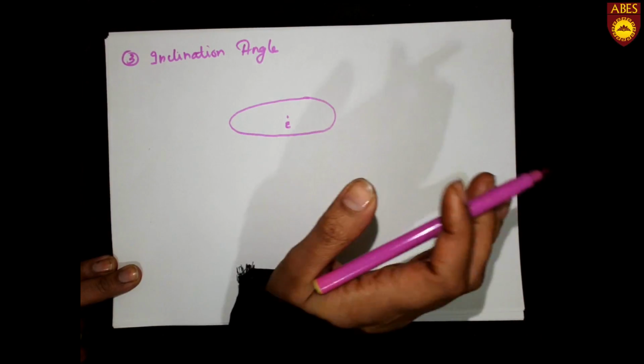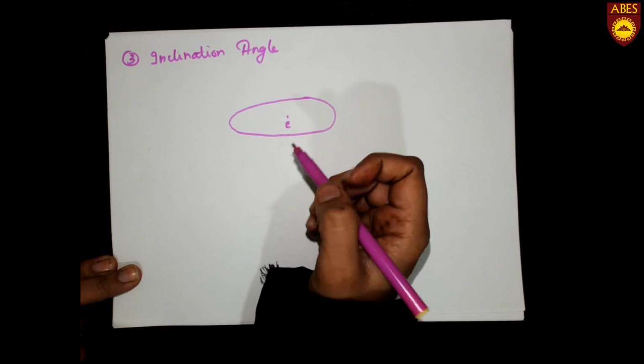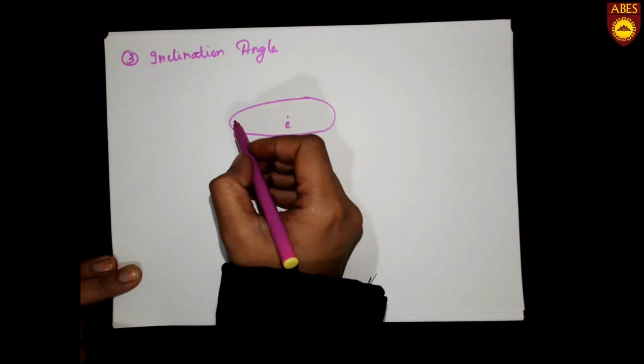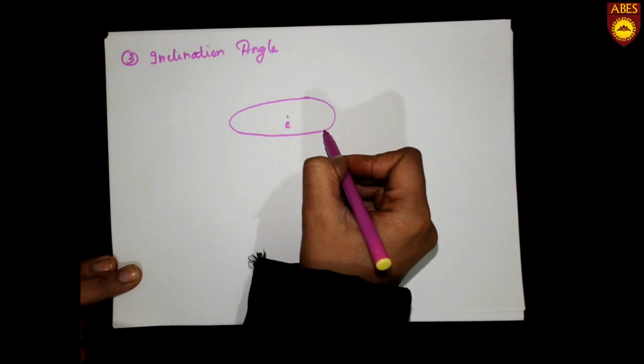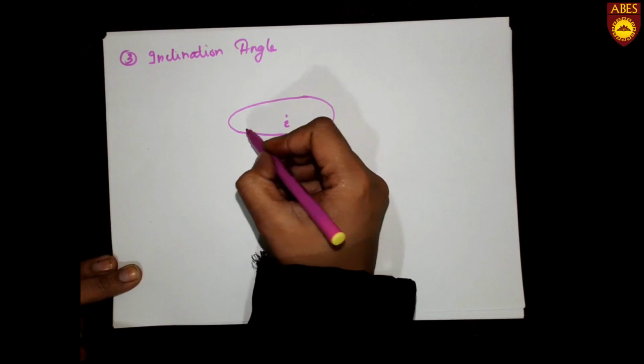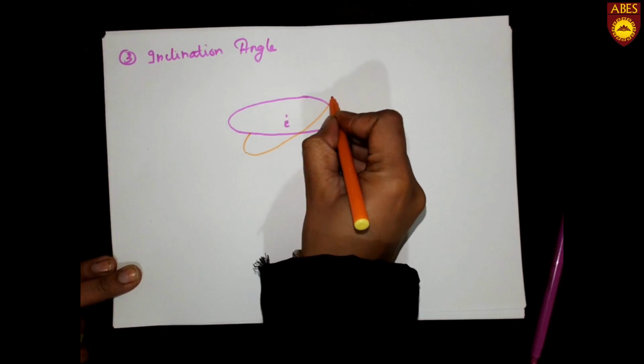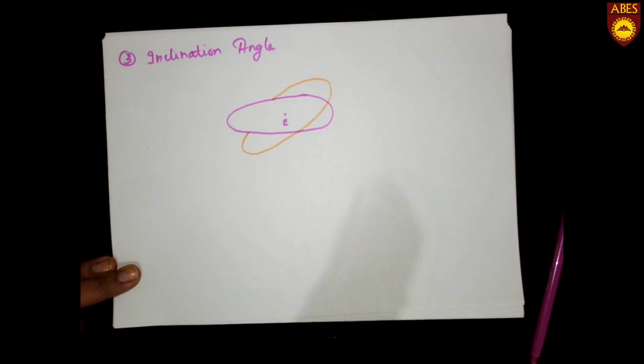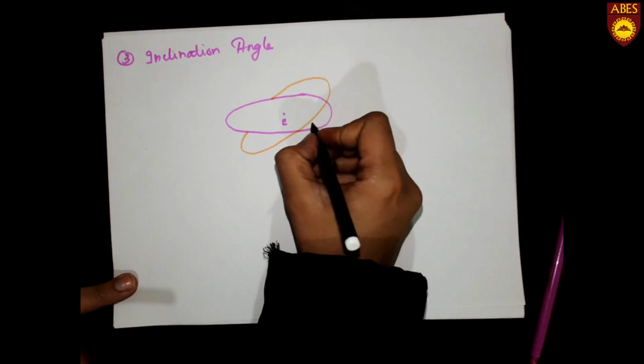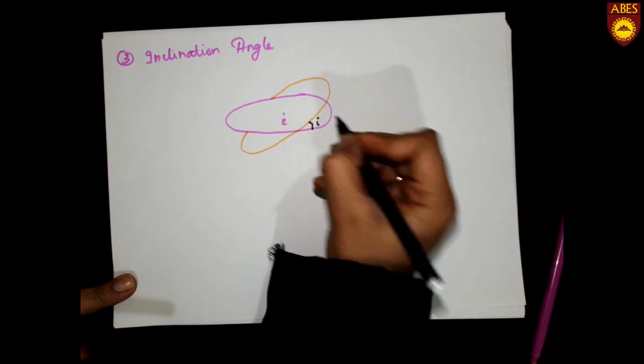We are considering an example. If the equatorial plane is like this and this is the satellite orbit, then the inclination angle is the angle between these 2 planes.